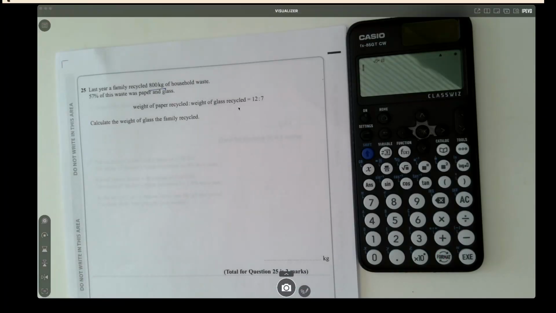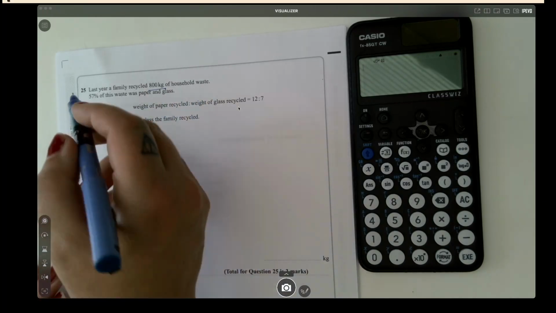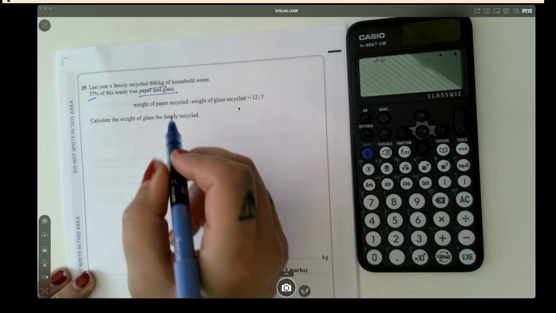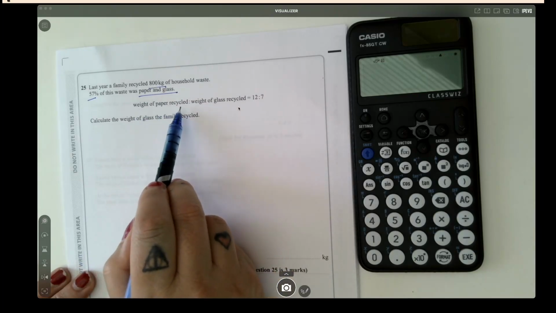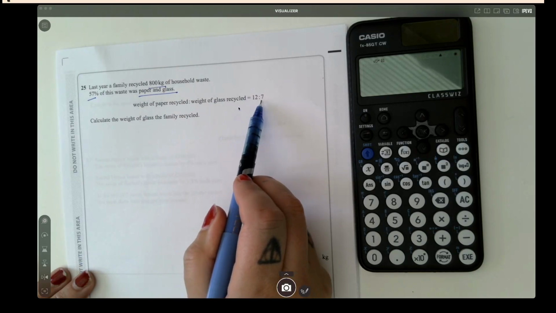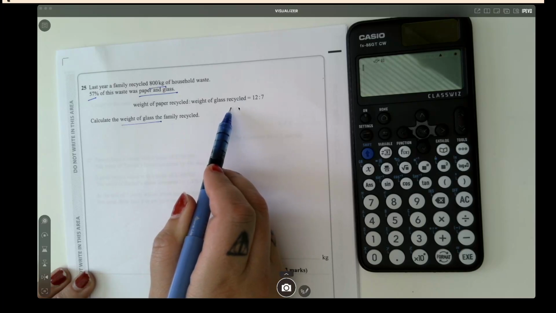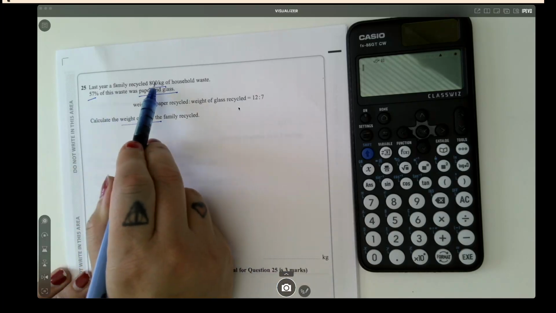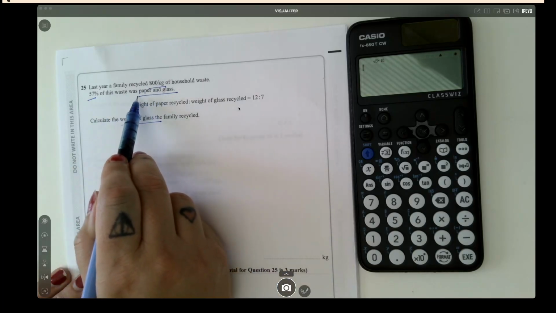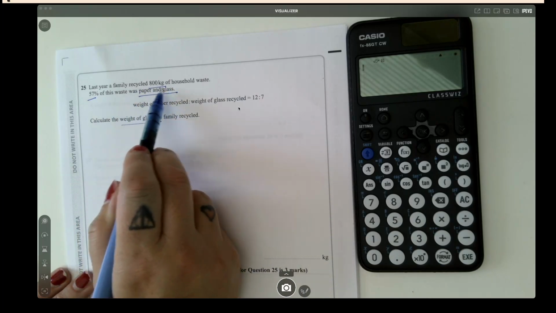Question 25. Last year, a family recycled 800 kilograms of household waste. 57% of this waste was paper and glass. Weight of paper recycled to the weight of glass recycled is expressed in the ratio 12:7. Calculate the weight of glass the family recycled. So first thing I'm going to do is find out 57% of 800 because this is the total weight of paper and glass.